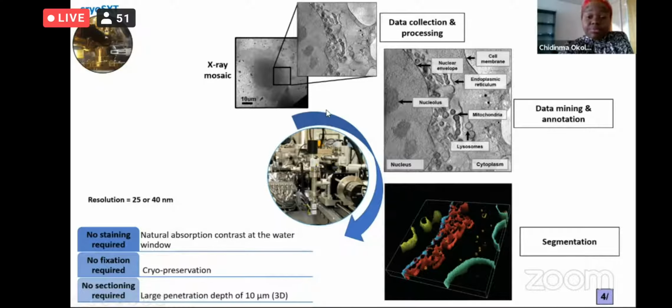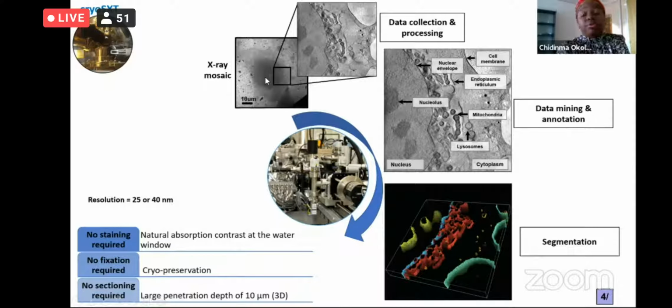Like I explained before, with CryoSXT, we don't necessarily need to tag cellular features with any fluorophores. These cellular features can show contrast just based on their carbon content. Differential carbon content leads to differential contrast, and we're able to determine which of these cellular features we're looking at.